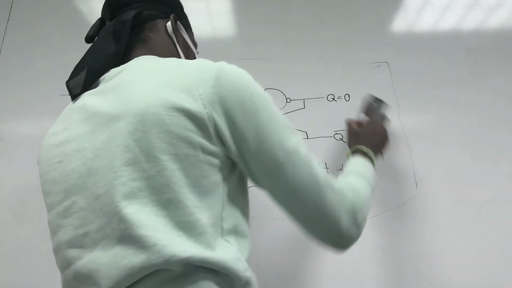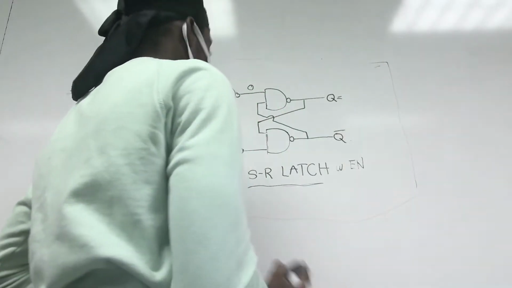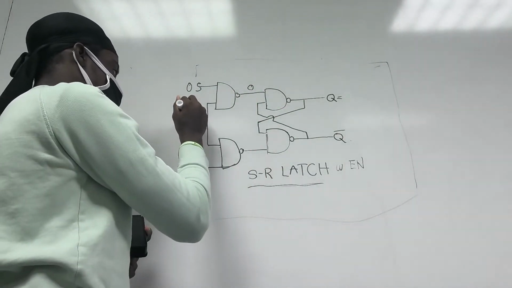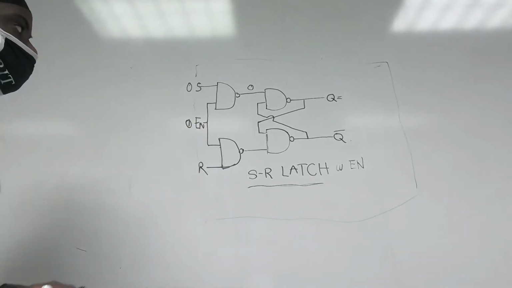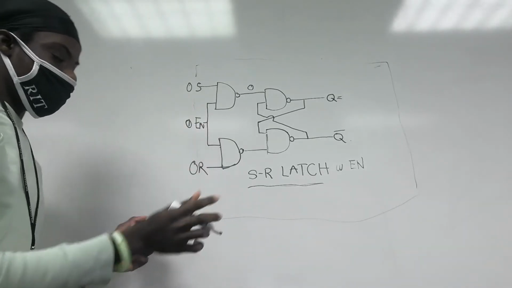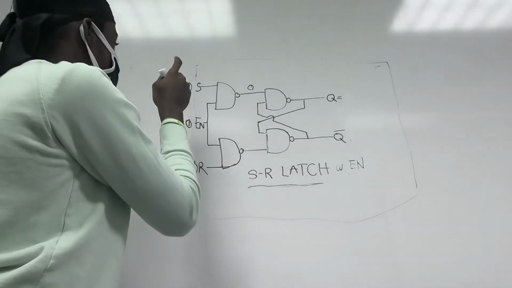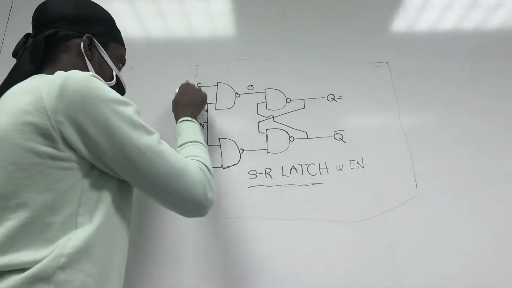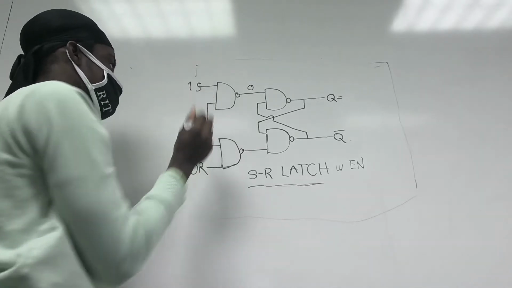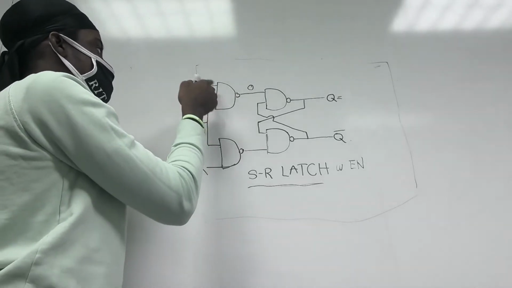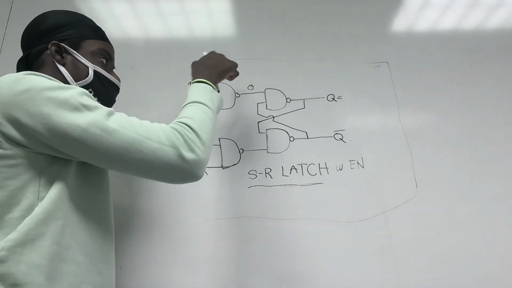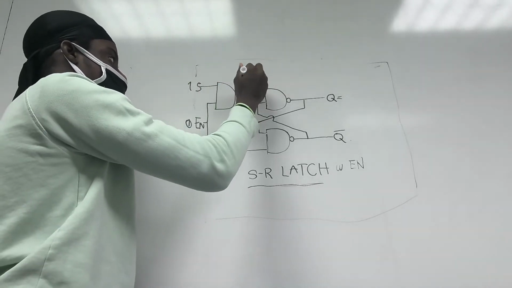So now, why the enable? Because if enable equals 0, and these are still 0, even if I put a pulse at S, this becomes 0 and 1 NOT, and that becomes 1.